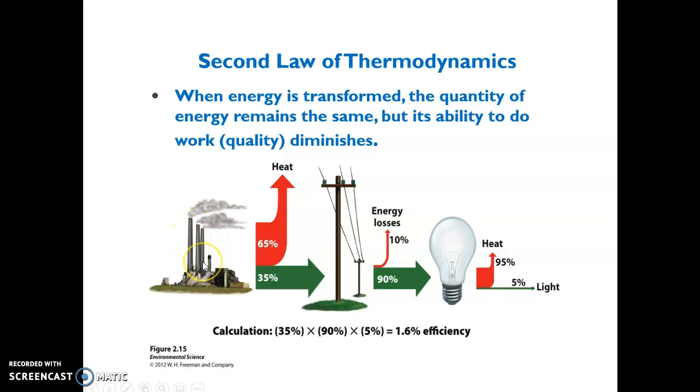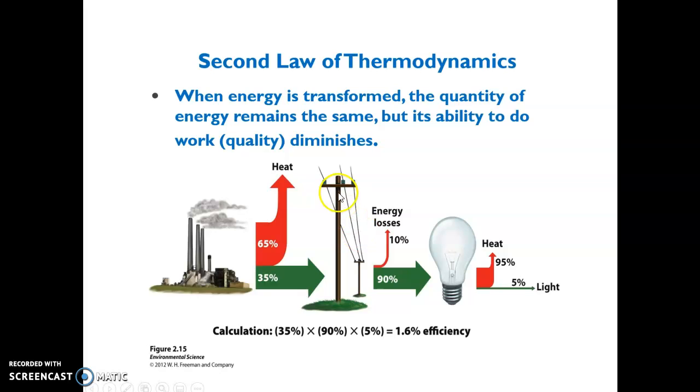It has a certain amount of energy in the coal that's present in that plant that is then burned or combusted to create electricity. So when that quantity of energy is combusted, 65% of that is released as heat, which is a low quality waste energy. 35% is converted to electricity, which moves electrons along a wire. And so it has a 35% efficiency.